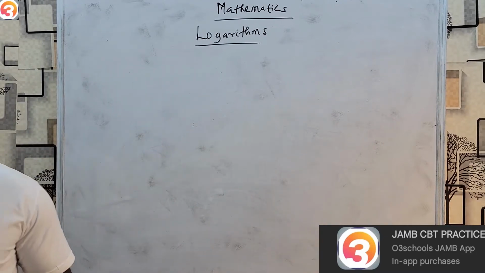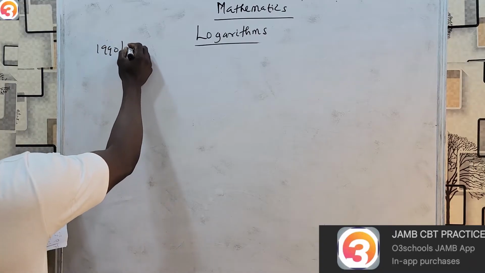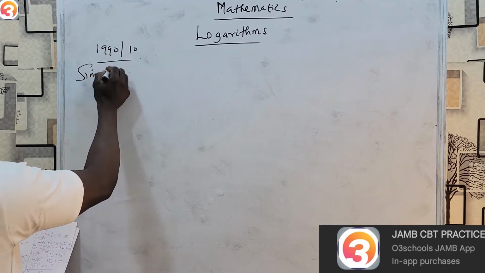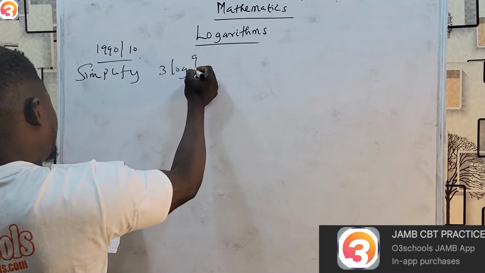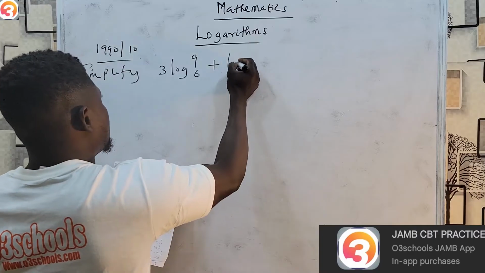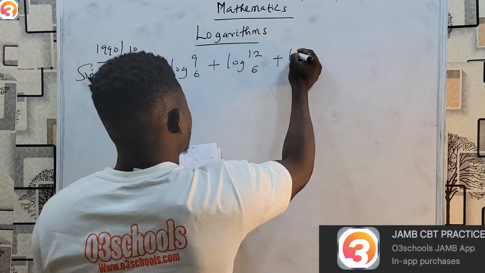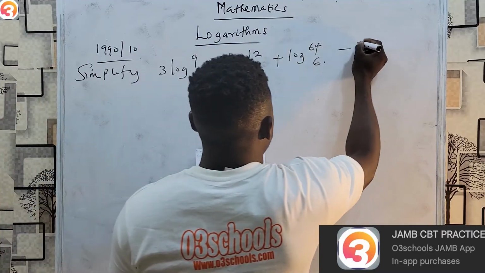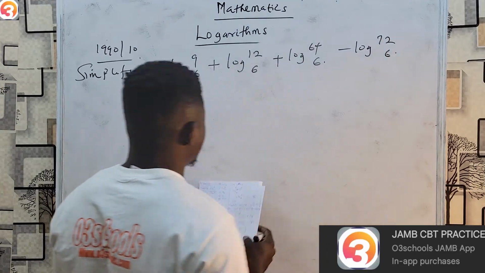So another question here is a 1990 question. 1990 question number 10. It says simplify 3 log 9 base 6 plus log 12 base 6 plus log 64 base 6 minus log 72 base 6.